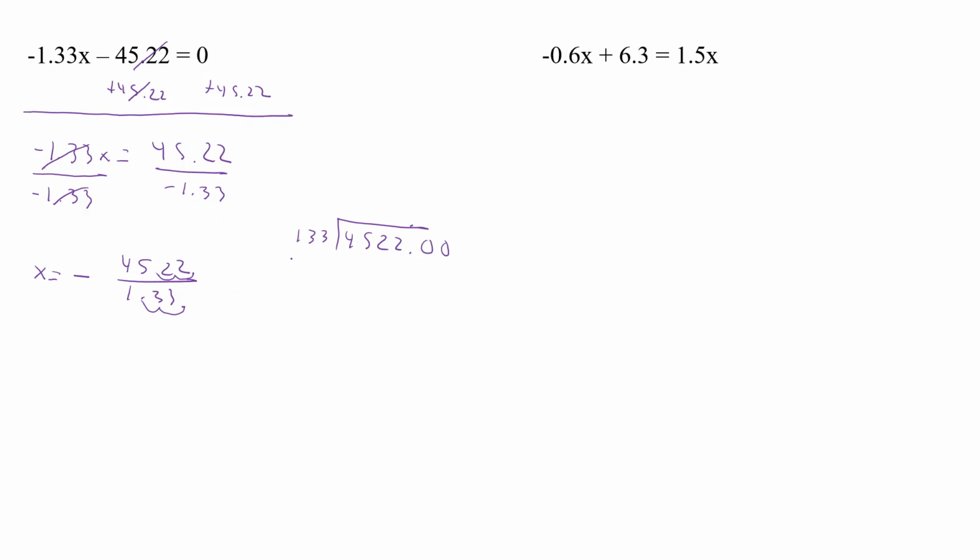Now if I take 133 times, say, 3, that's going to be 399. If I had another 133, how much does that put me at? That puts me over. So just 3 is all I can put there.